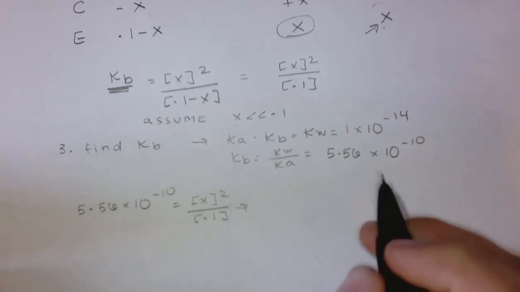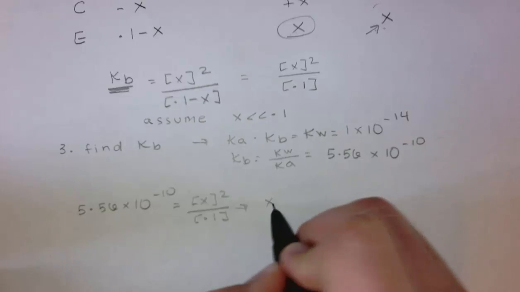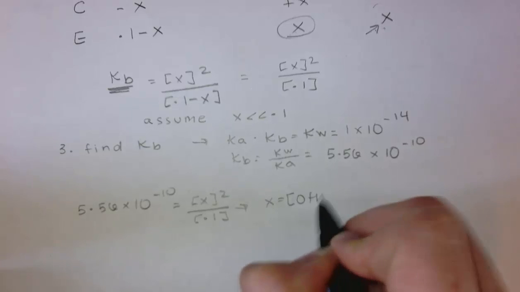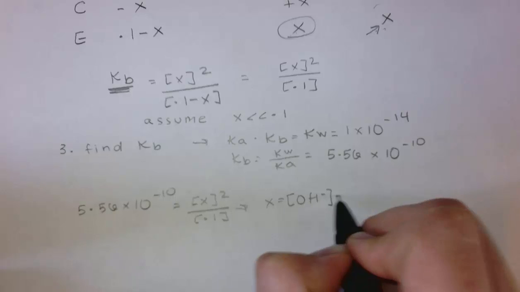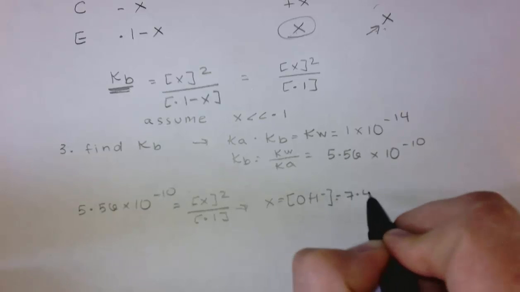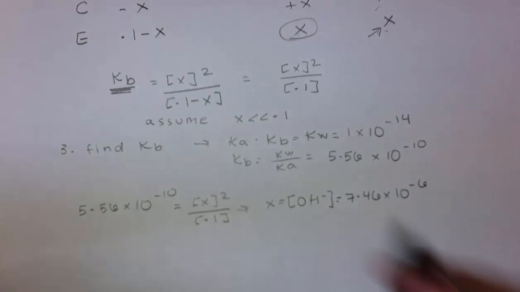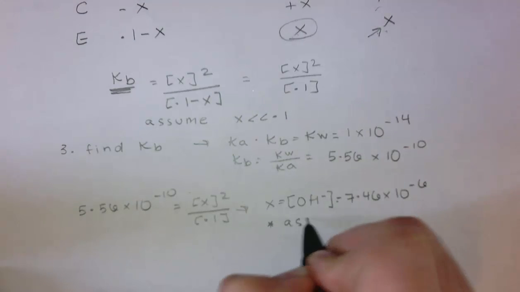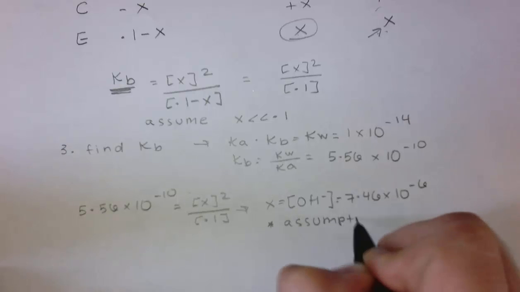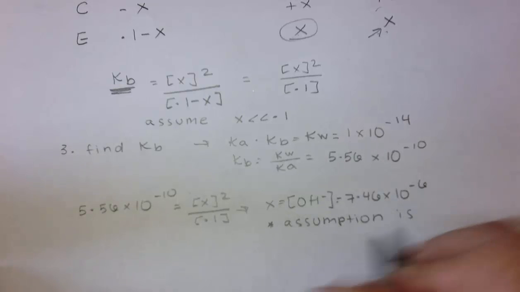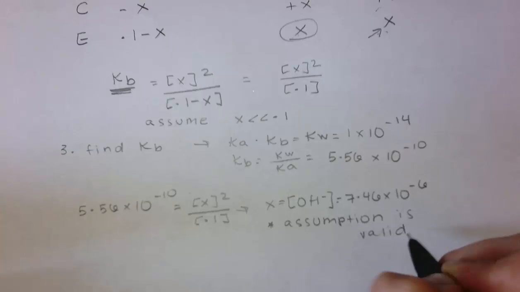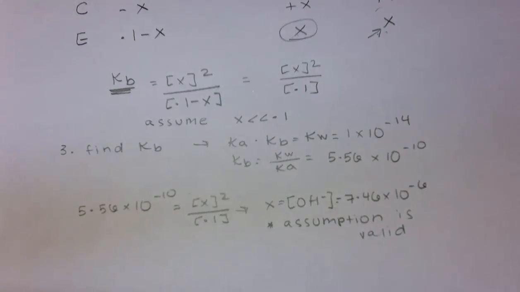And I end up getting that x, which is our concentration of hydroxide, equals 7.46 times 10 to the negative 6. And I'll definitely note here that the assumption that we made is valid, because we assumed that x was much less than 0.1. Now that we actually solved for x, we see that that is definitely true, and so we can use that assumption.